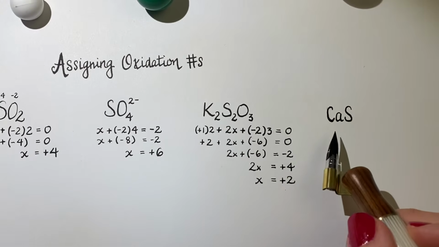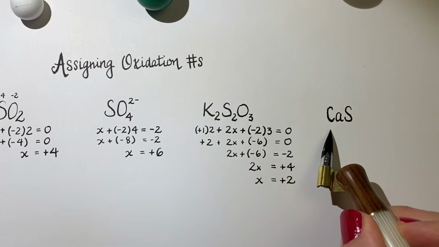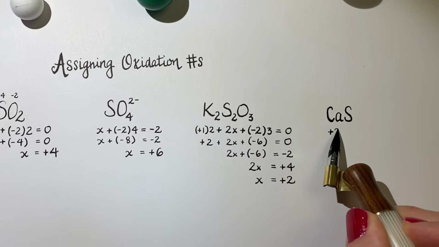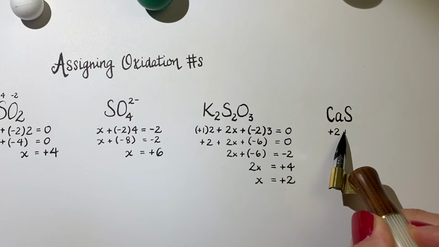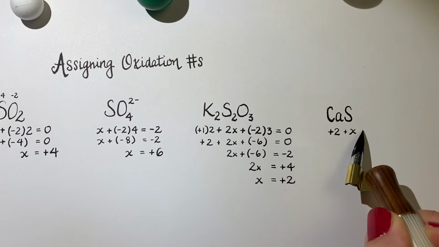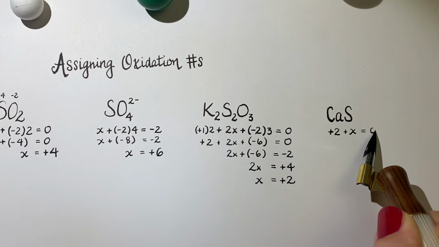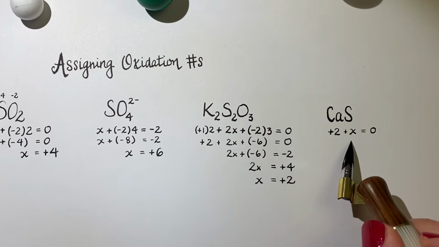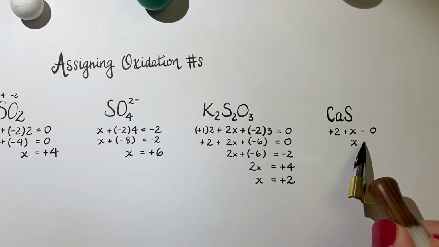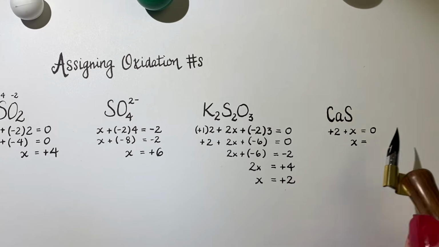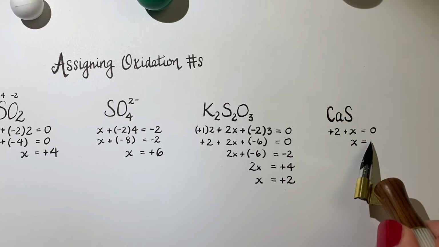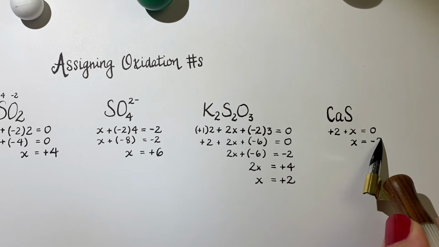So if we say, all right, +2, +6, neutral compound, so we can see, and you might have even been able to do this just by inspection and say, must be -2.